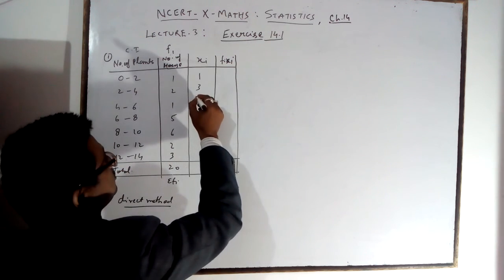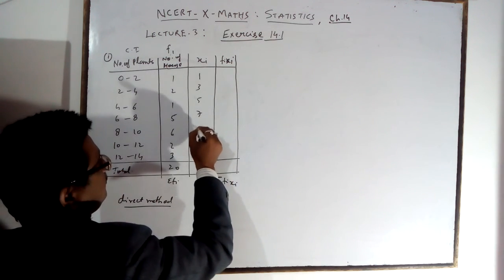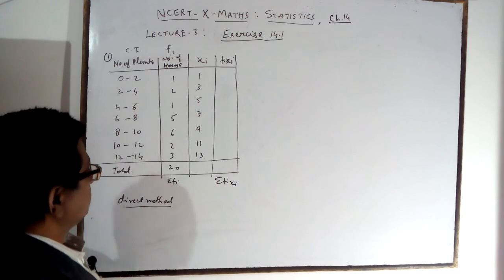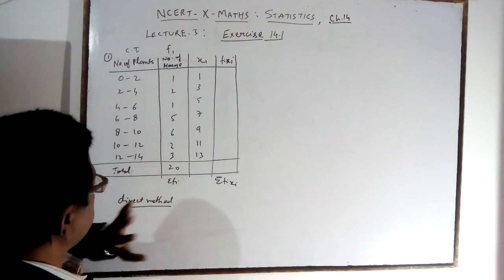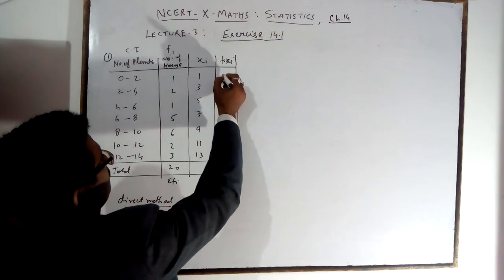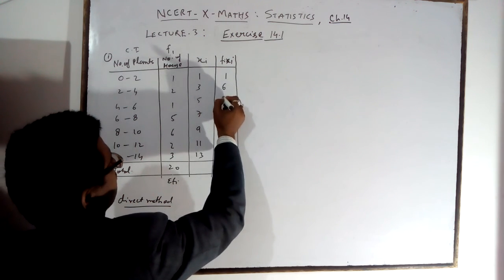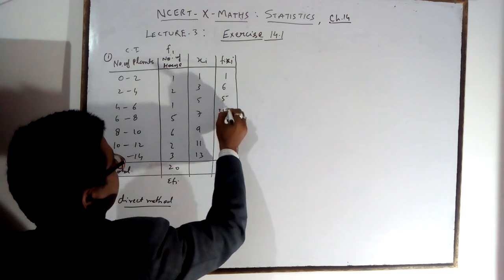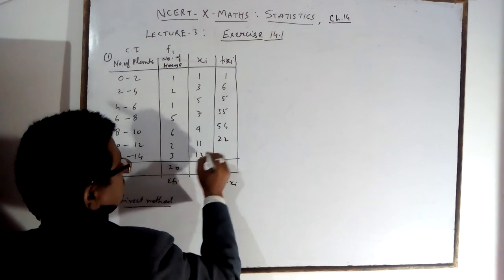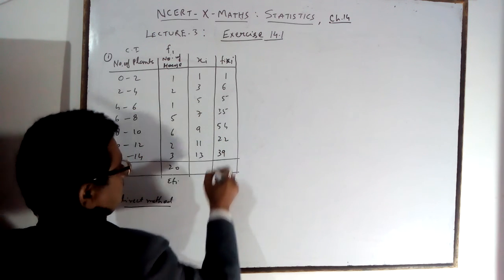So we add 2 to all. Then the products: 1 times 1 is 1, 3 times 2 is 6, 5 times 1 is 5, 5 times 7 is 35, 9 times 6 is 54, 11 times 2 is 22, 13 times 3 is 39.